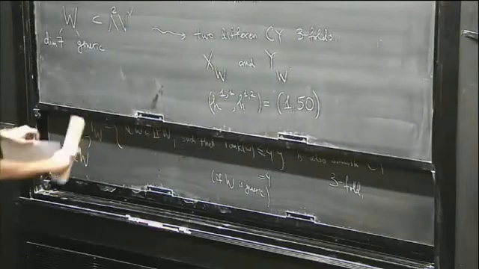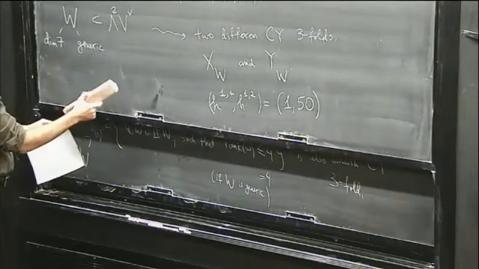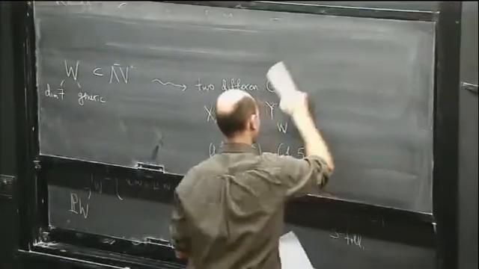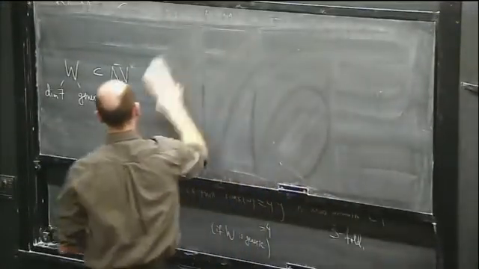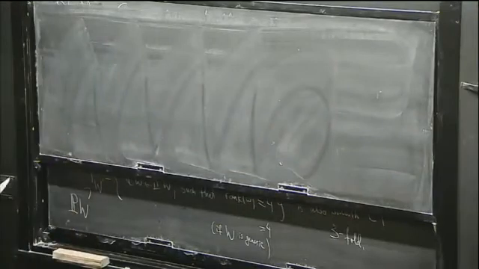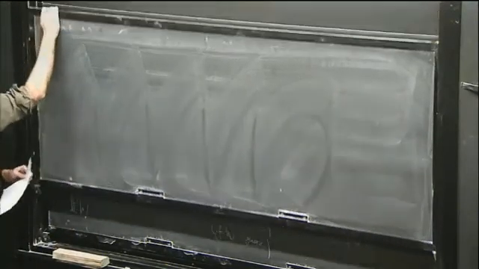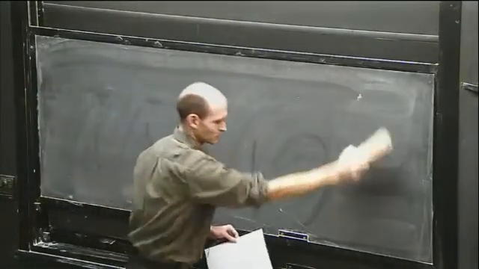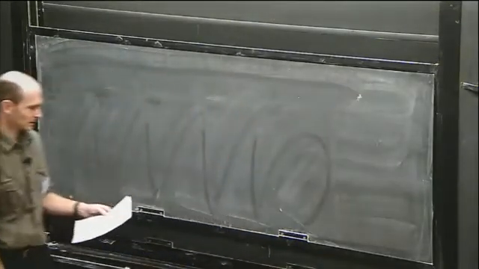Okay. So let's see. There are generalizations of it. The first generalization is to replace 7 by n, and to have the dimensions match, I want an odd n.